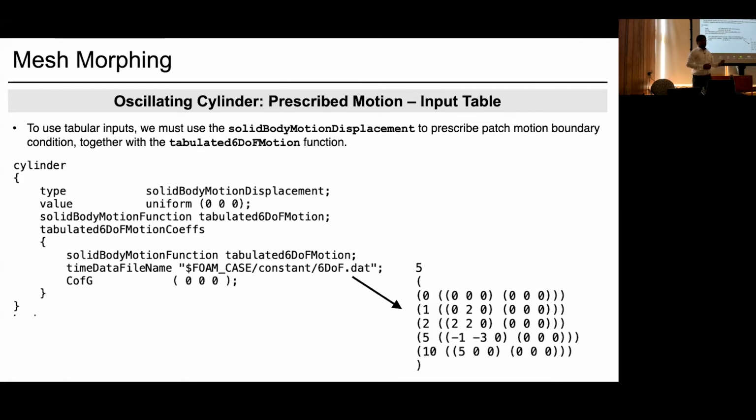So it is a very useful tool for a prescribed motion, but we have to keep in mind that when we define this, we have to choose the type as solid body motion displacement. Previously it was a different library, but now the solid body motion function is the tabulated 6 degrees of freedom function, right?